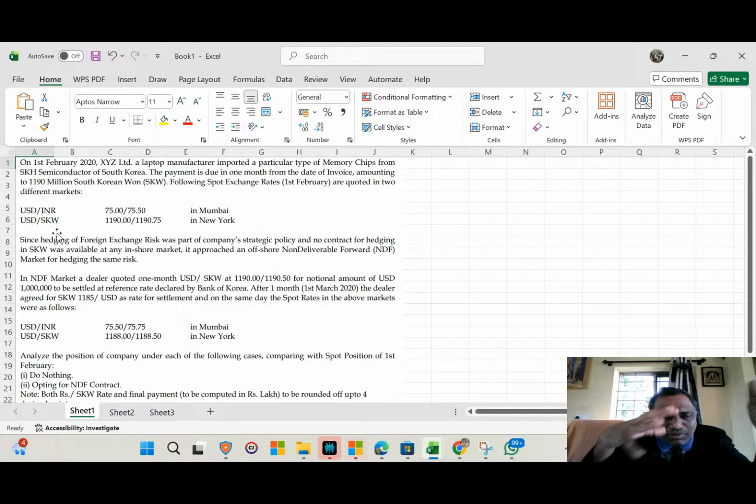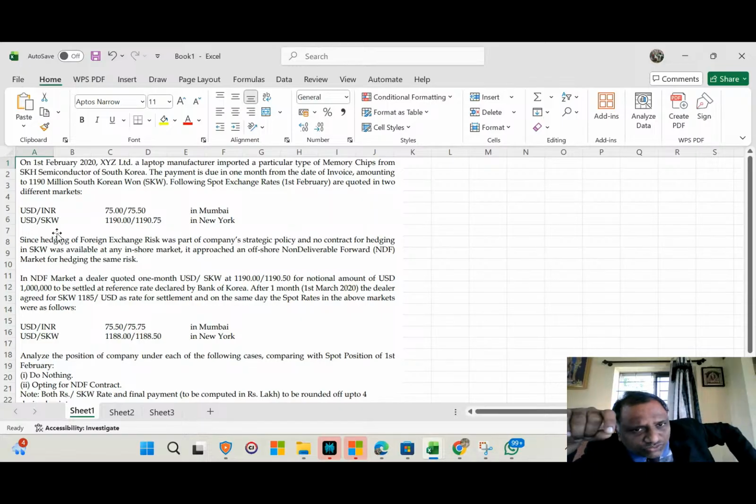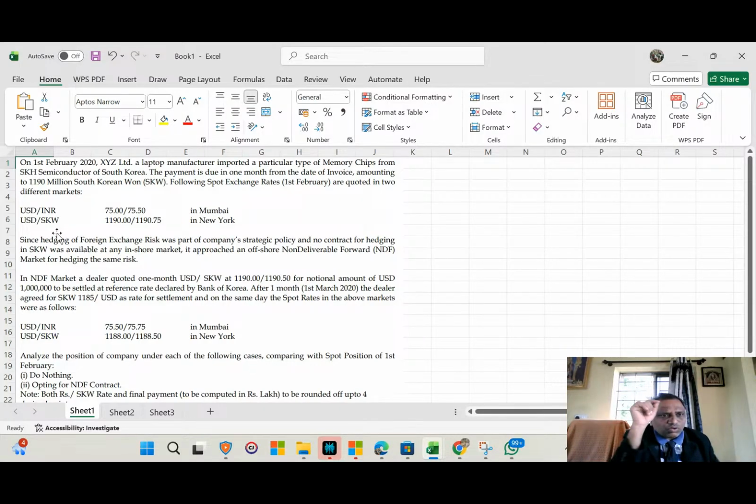on 1st February 2020, XYZ Limited, a laptop manufacturer, imported a particular type of memory chip from South Korean semiconductor, from South Korea. The payment is due in 1 month from the date of invoicing, amounting to 1,190 million South Korean won.